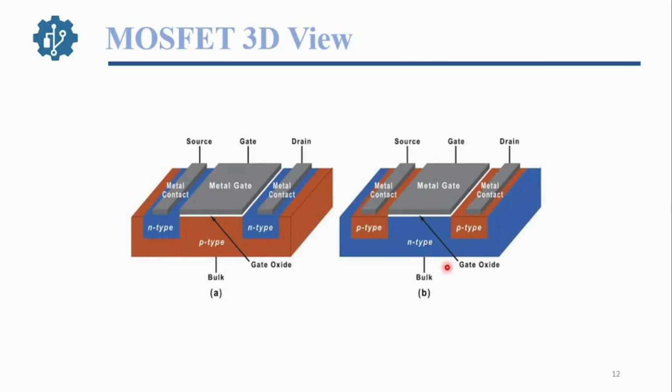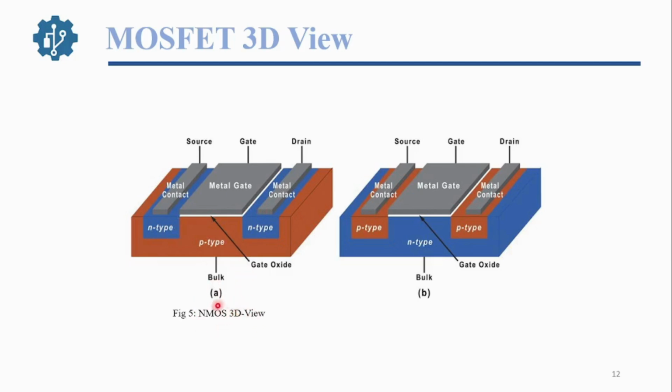Now, just see here, this is the complete 3D diagram and the 3D structure of the MOSFET. In the previous slide, we discussed the N-type MOSFET and the P-type MOSFET. Basically, depending on the substrate type, you see here the P-type substrate, the device is named an NMOS.